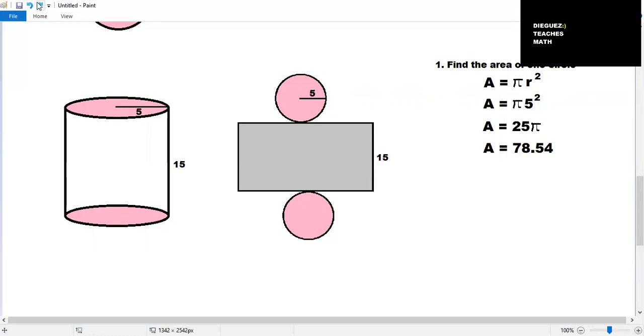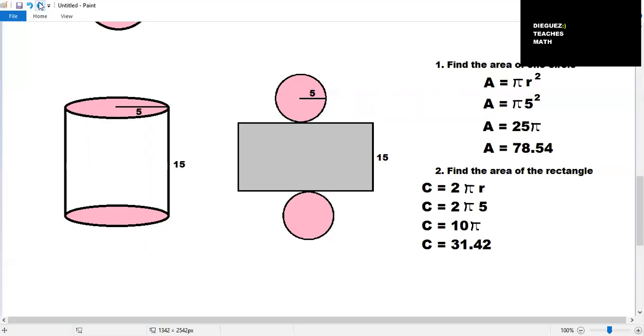Okay, so moving on to the second step. I'm going to find the area of the rectangle. For the area of the rectangle, I need length times width, right? Right now, I only have this length here, which is 15. I'm going to figure out the width here. We said that this is the same as the circumference of the circle since it goes all around.